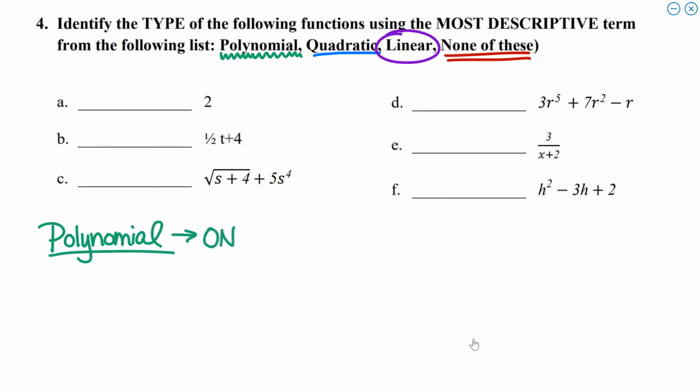Polynomials can only have positive whole number exponents.